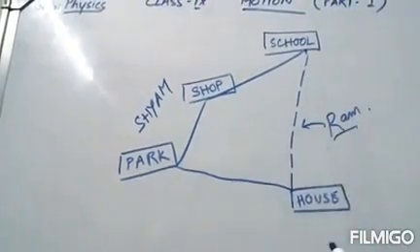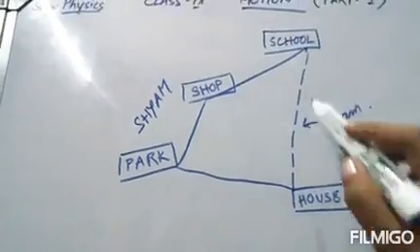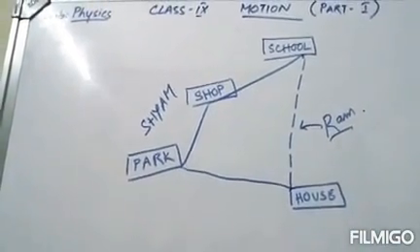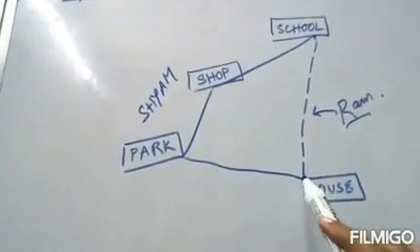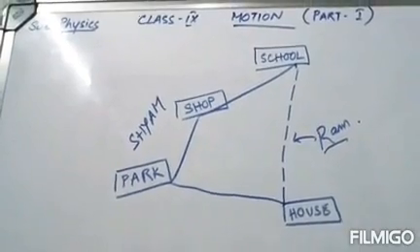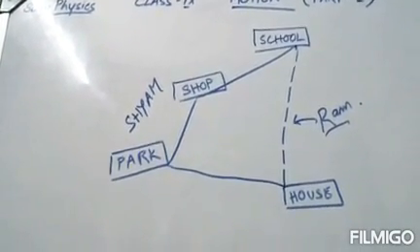It is straight, suppose if I say north, the school is in the northern direction, then from the house he has taken the road which goes straight north to the school.